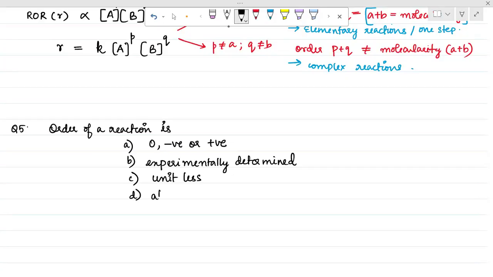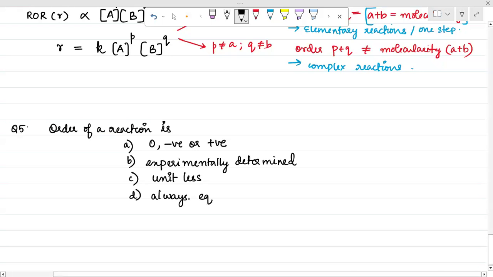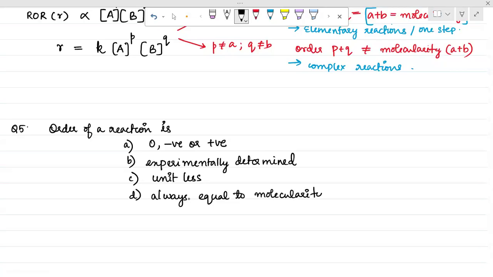Option D, always equal to molecularity. Take down the question and mark your right answer. There are multiple answers which are correct, so this is an MSQ. MSQ means more than one answer may be correct.